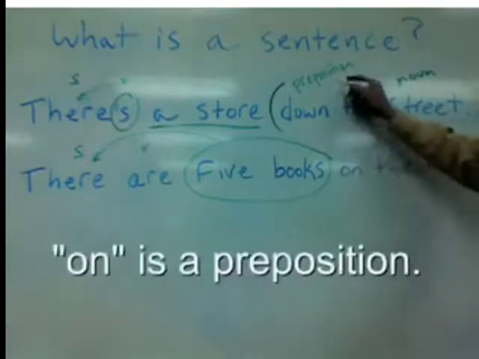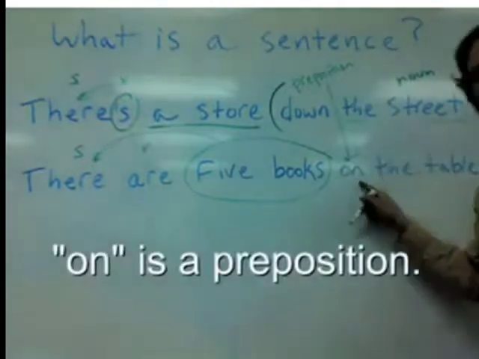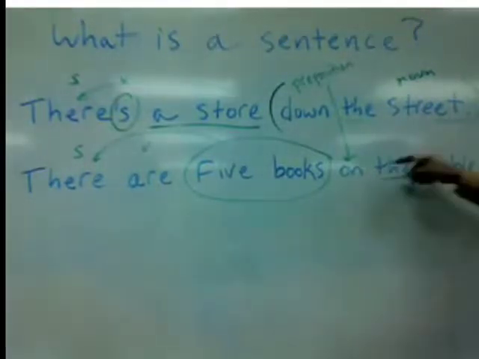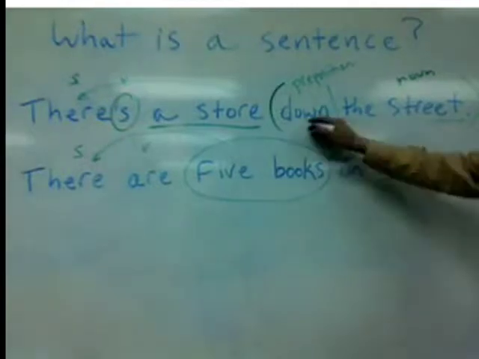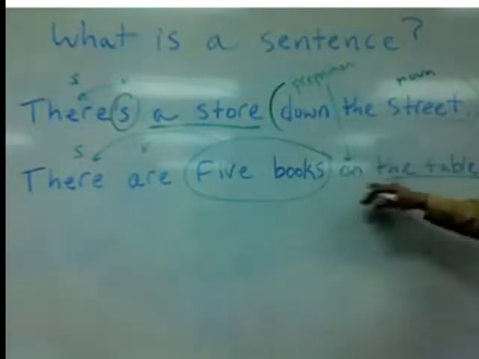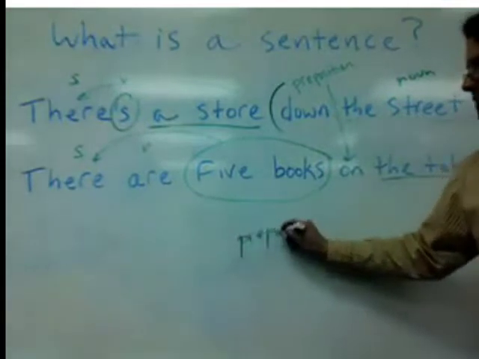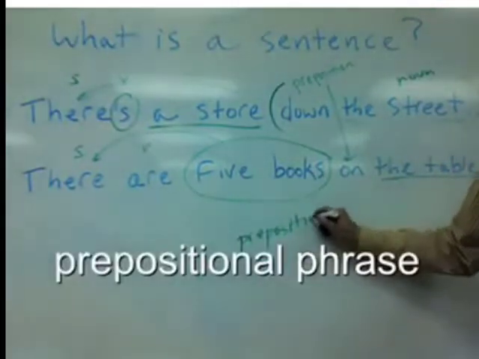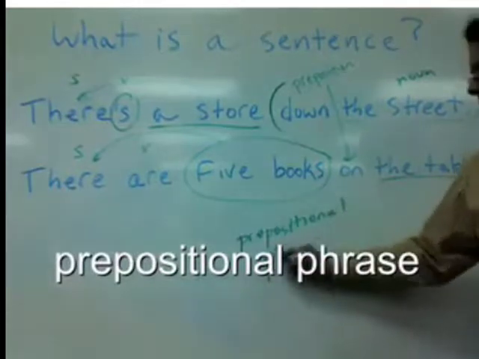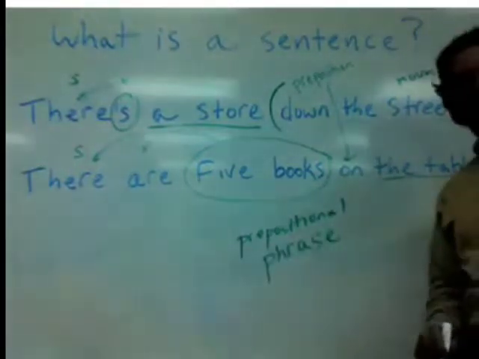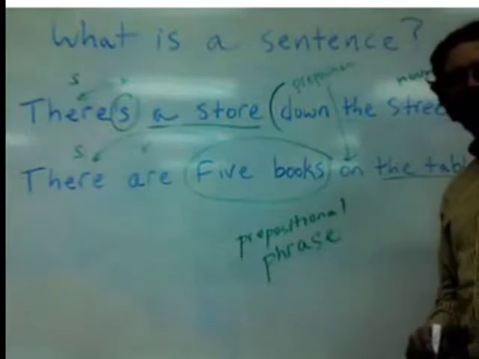On is also a preposition, and the table is the noun following the preposition, and both of these, down the street and on the table, are called prepositional phrases. A prepositional phrase often appears in a sentence.